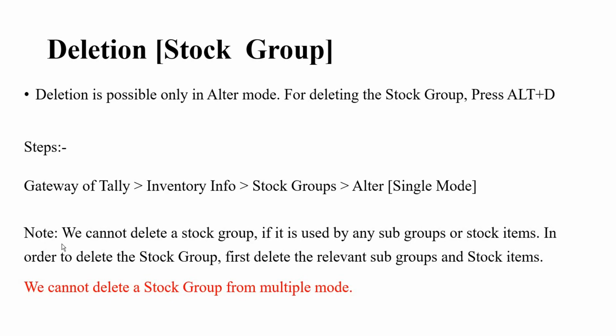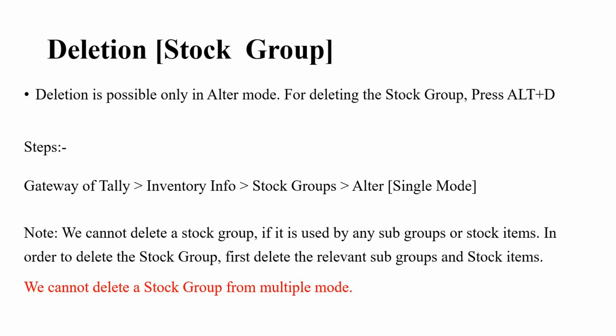Down we have a note here, we cannot delete a stock group if it is used by any subgroups or stock items. It is given that if the particular stock group is used by any subgroups or stock items, in that case we cannot delete the stock group. First, we have to delete the relevant subgroups and stock items.